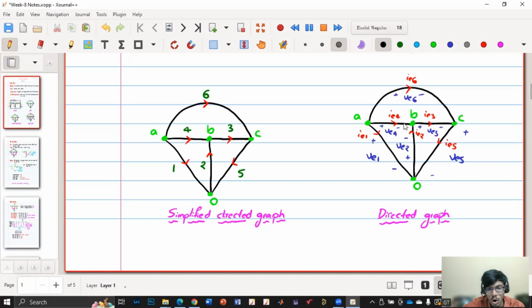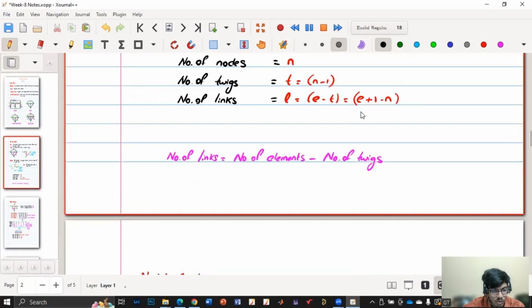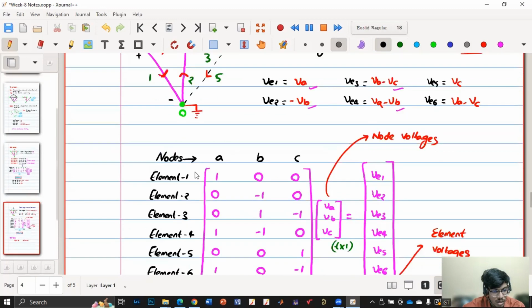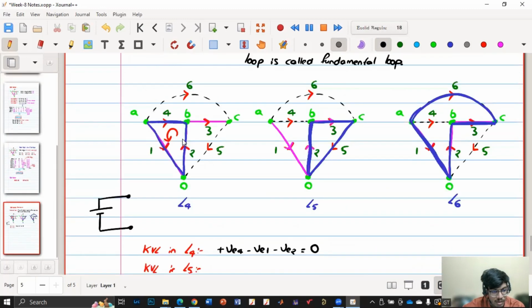If you go opposite to the direction of current, there is an increment in the potential. So going from VB to VA, I am going to a higher potential, then to a lower potential, and then again to a lower potential. So plus VE4 minus VE1 minus VE2.